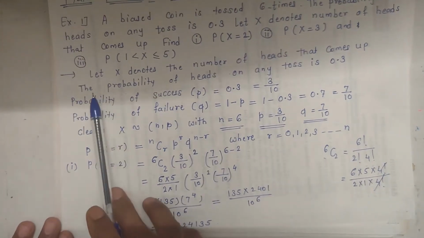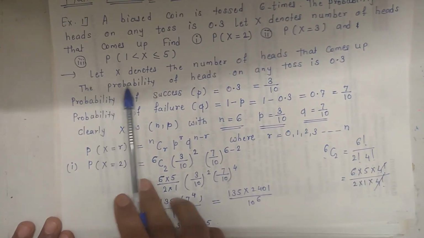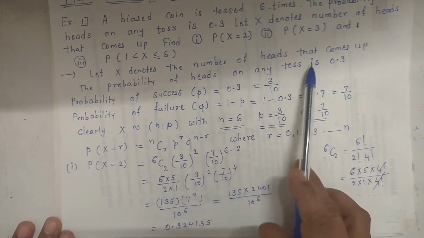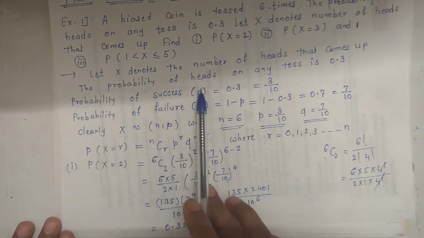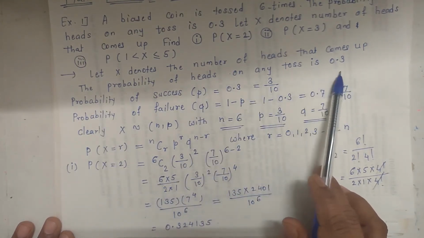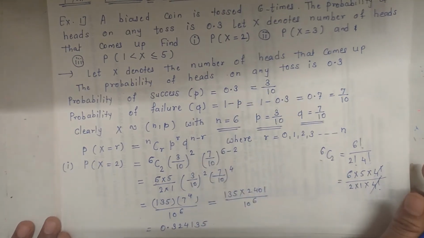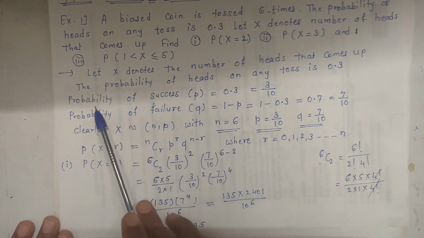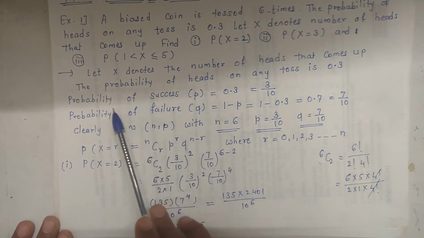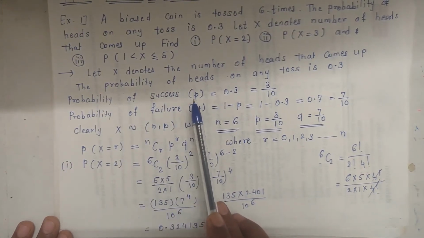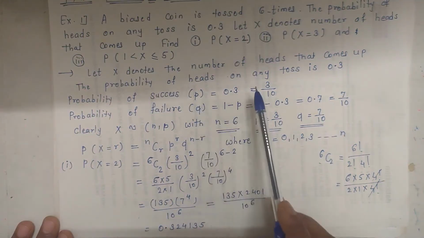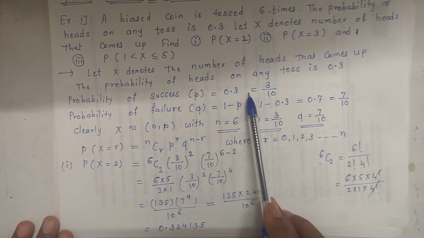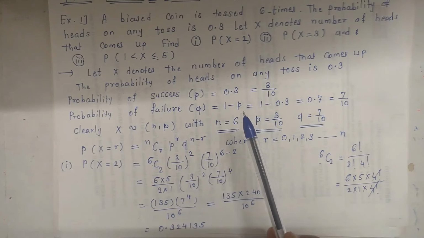So let x denote the number of heads that comes up. The probability of heads on any toss is 0.3, which is given in the example. This probability of heads is the probability of success, which is denoted by p, and therefore p is equal to 0.3, that is 3 by 10.